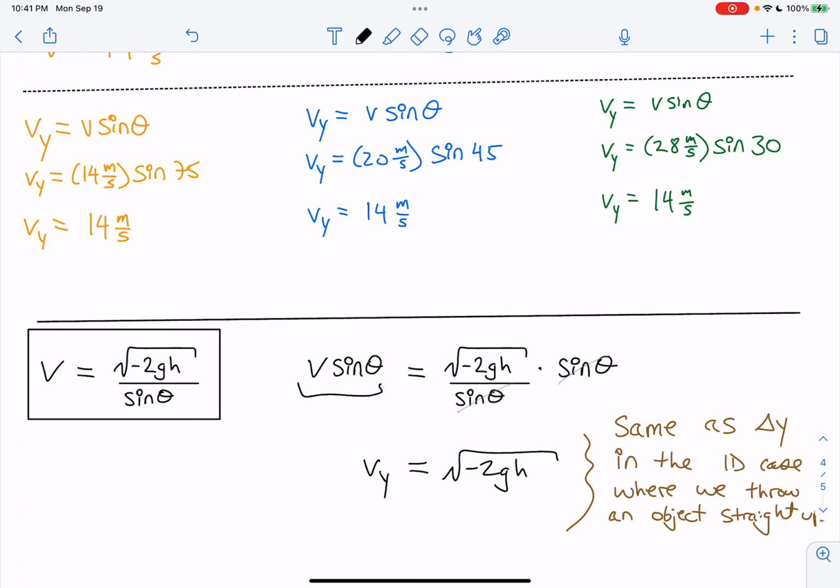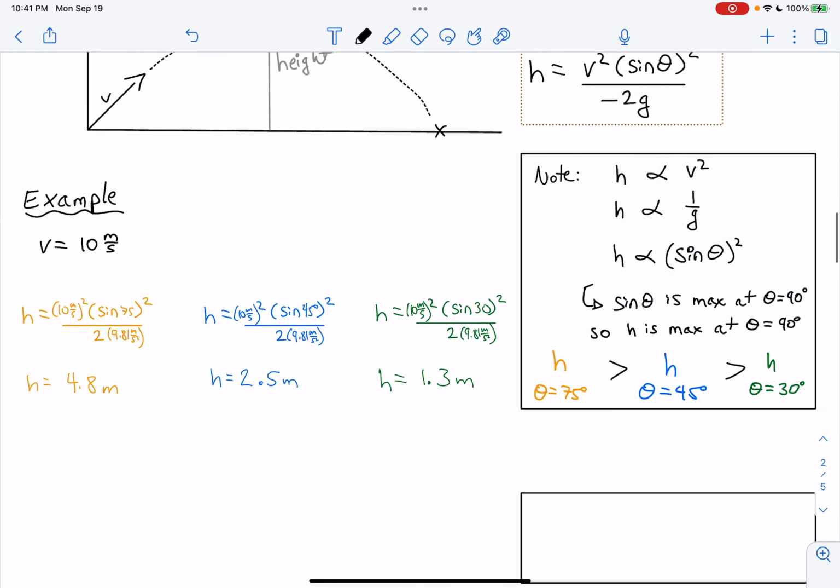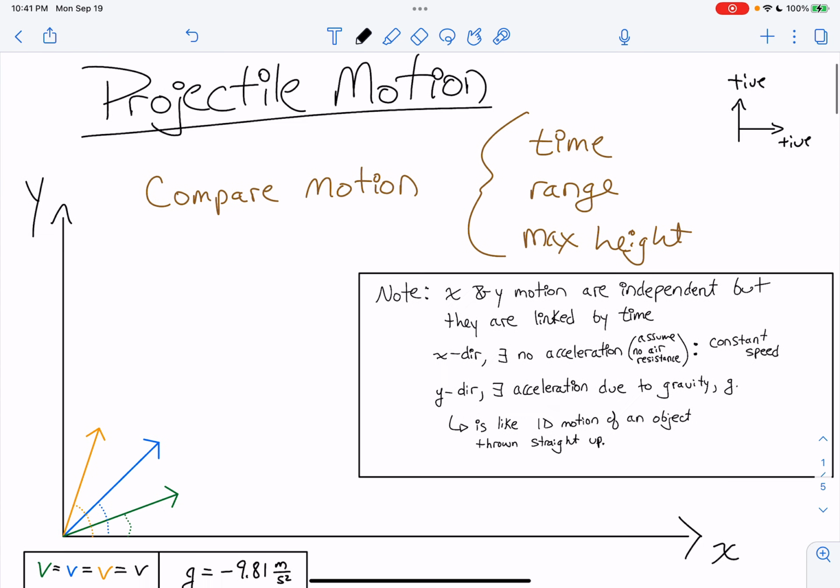So this is really interesting to remind us that when we're talking about projectile motion, and we go right back to the very beginning of this earlier discussion, that the x and the y motions are independent in projectile motion. They're linked by time, but what's going on in the y direction, we've got this acceleration due to gravity, and it is identical to the 1D motion of an object thrown straight up.